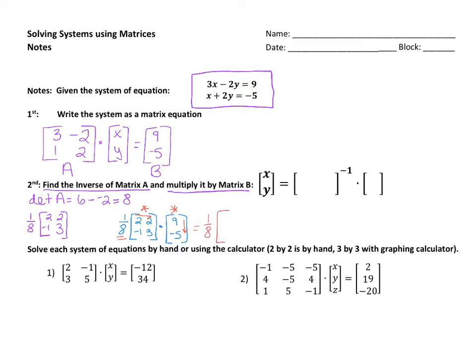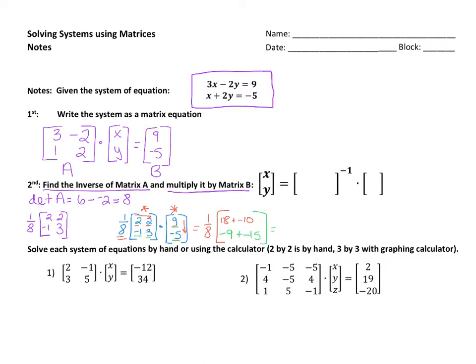So I'm going to have this first 2 times 9, which is 18. Then the second 2 times -5, which is -10. Then I'm going to do the same thing in the bottom row. So I'm going to have -1 times 9, which is -9, plus 3 times -5, which is -15.